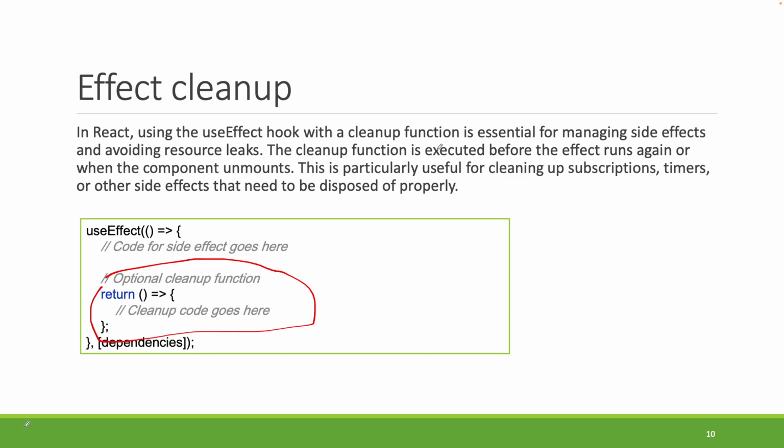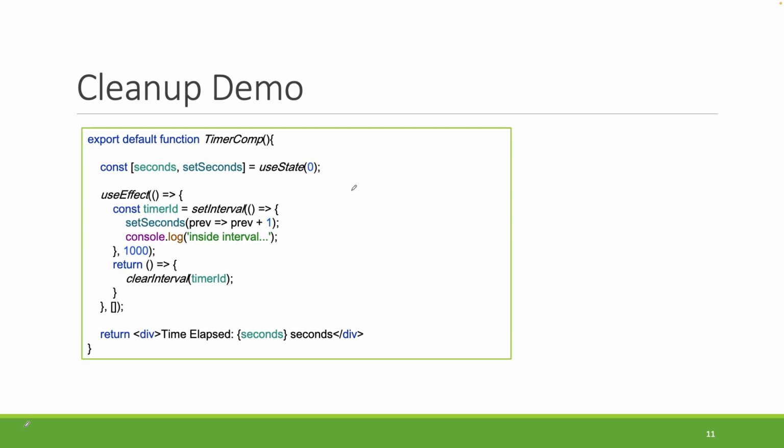The cleanup function is executed before the effect runs again, just before, when we finish rendering, before the effect runs again, or when the component unmounts. We'll talk about unmounts in this demo. This is particularly useful for cleaning up subscriptions, timers, or side effects that need to be disposed of properly. Now we'll take a look at a demo.